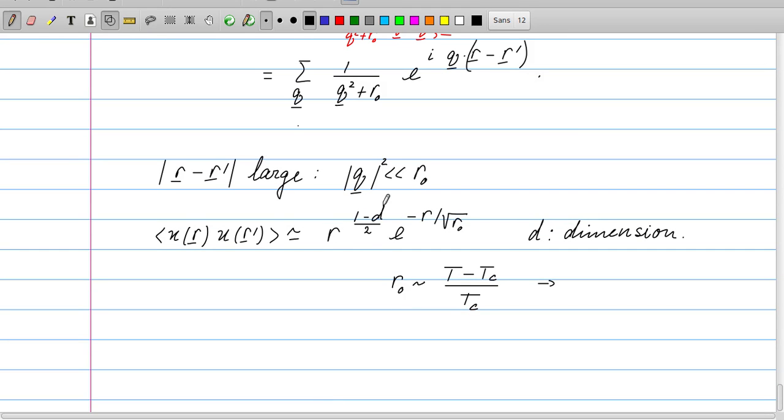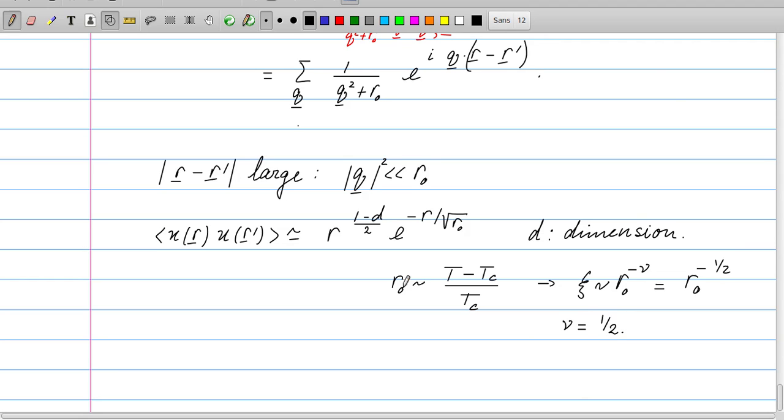It's first a power law. It's r to some power in which the dimension occurs, and then it's screened by an exponential decay. And the decay length, that's the correlation length, xi, and we see that xi scales with r0 to the power minus nu. And that's the definition of the critical exponent nu, and therefore that's r0 to the power minus 1/2, and we find that nu is 1/2 from this analysis.